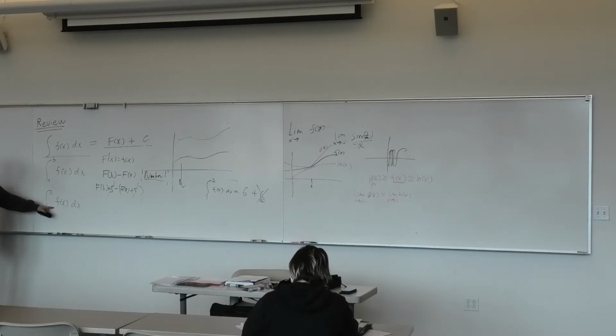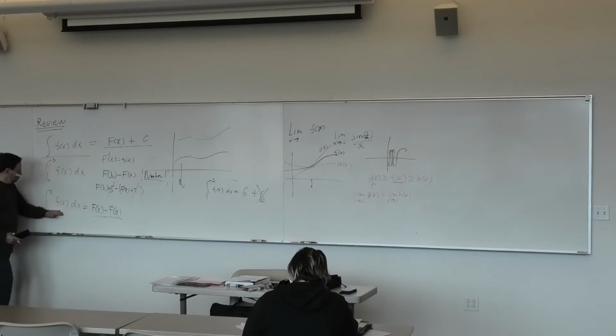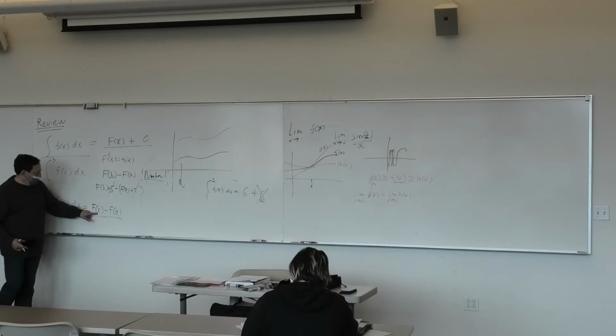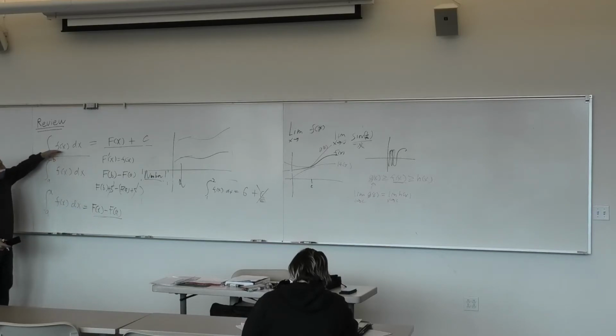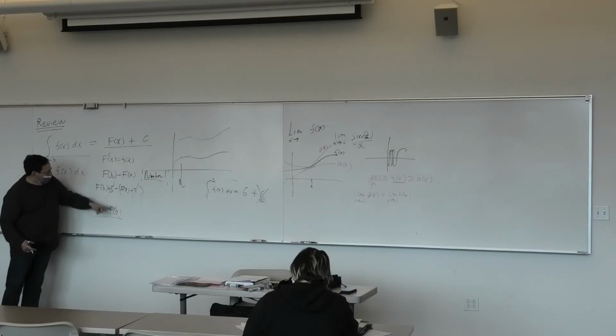And this is a function. It's my F of x minus F of a. So I just want to distinguish this. It's not a definite integral, which is a number. It's got an x in it. It's a function. It's not a family of functions. I've tied it down. I've figured out what the constant is.